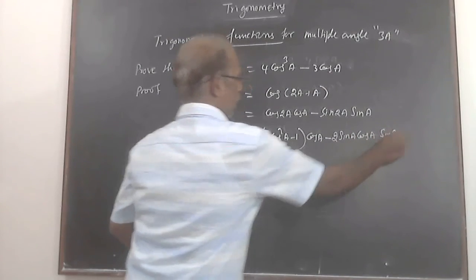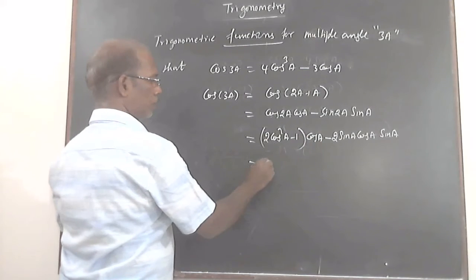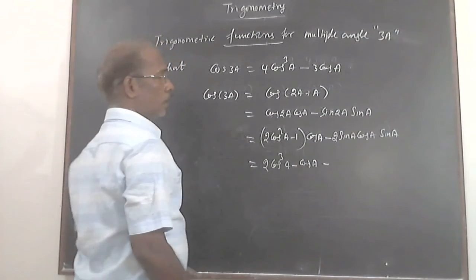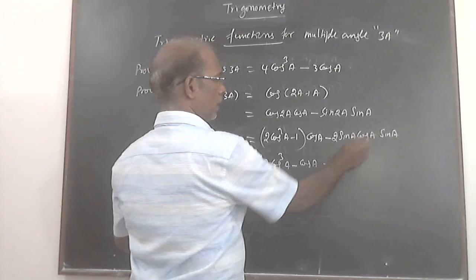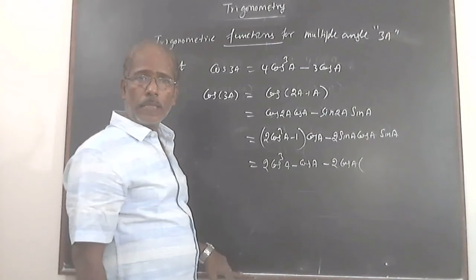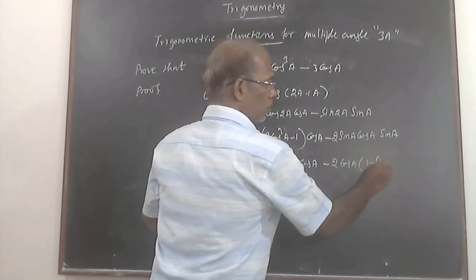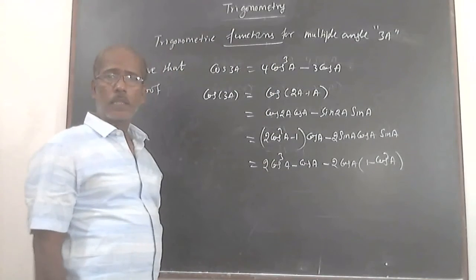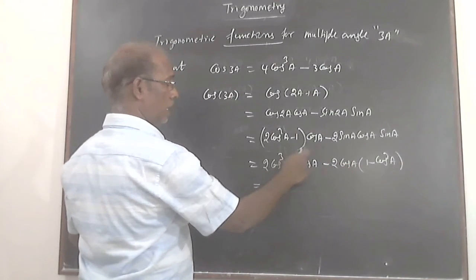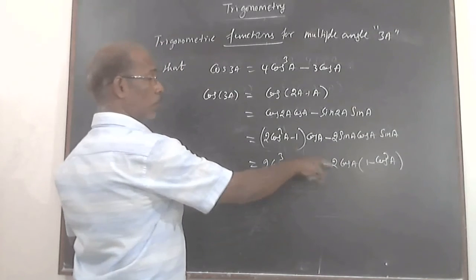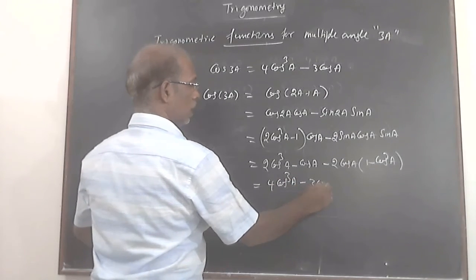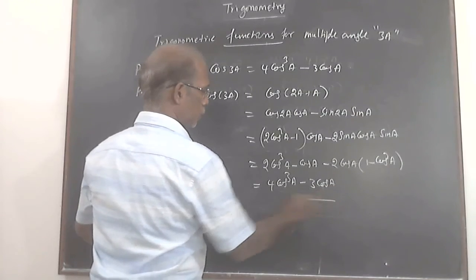Again sin A. Let us expand: 2 cos cube A minus cos A, and 2 cos A instead of sin A into sin A, where sin square A is 1 minus cos square A. Now minus 2 cos A and minus cos A, overall minus 3 cos A; minus of minus gives plus 2 cos cube, another 2 cos cube, so 4 cos cube A minus 3 cos A. So this is what we required.